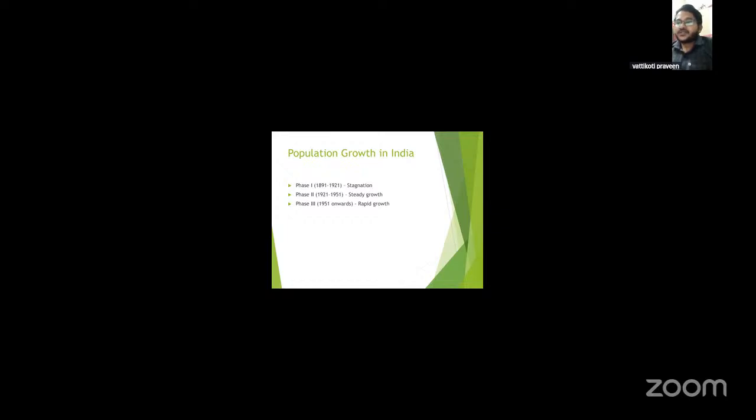This country witnessed a steady rise in population between 1921 and 1951, with a sharp fall in the death rate. Overall, showing the advances in medicine, our population almost doubled from 347.5 million in 1951 to 683.3 million in 1980.